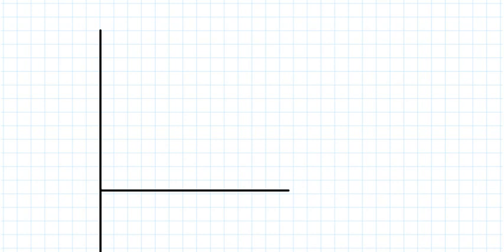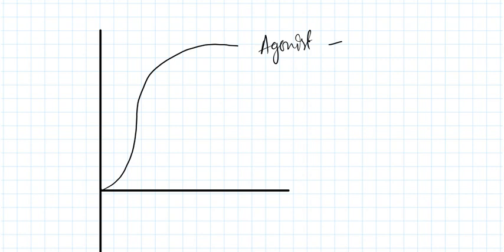Now what is agonist? Agonist is something which supports you completely. It shows you the maximum support, it shows you the maximum effect. So that is called an agonist. It shows +1, A grade.